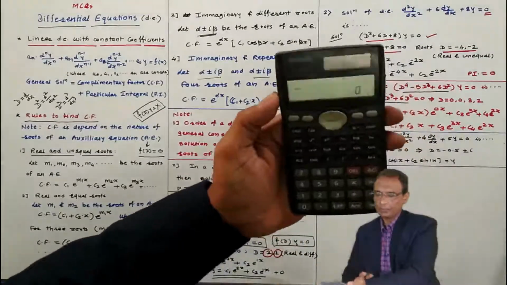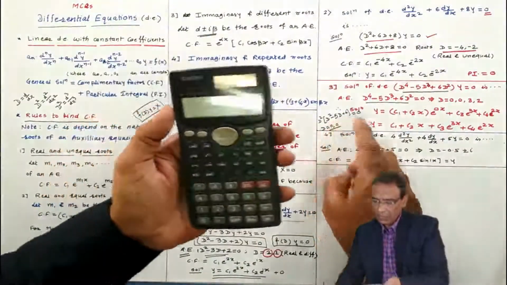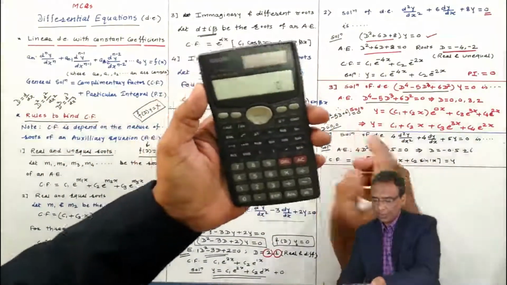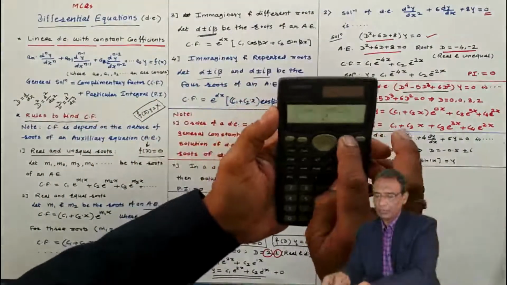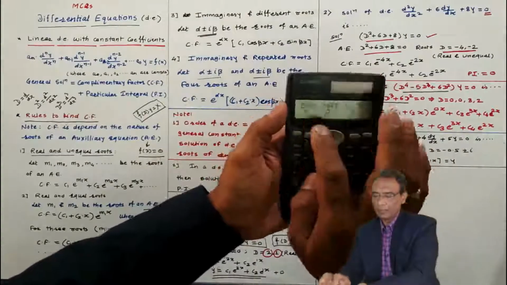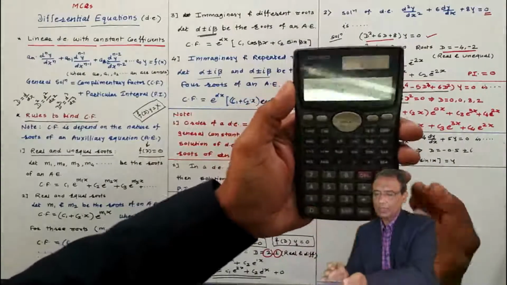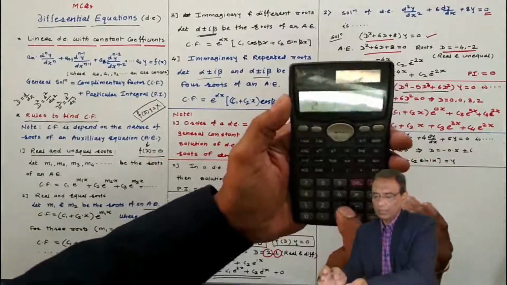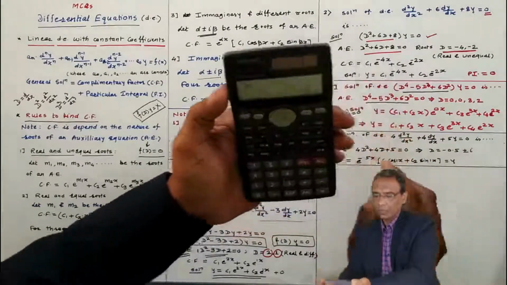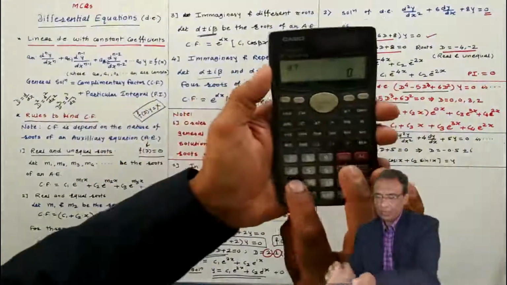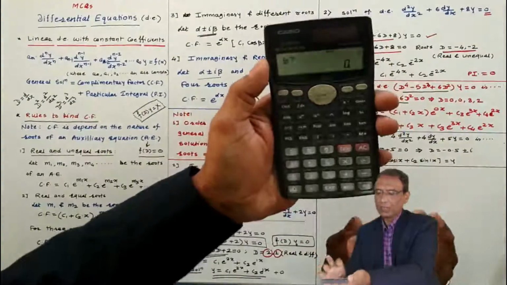Now, D squared minus 5D plus 6, the coefficient of D squared is 1. Before that, I am going to select the equation mode, then degree, which is 2. The value of a is 1, this I have entered.